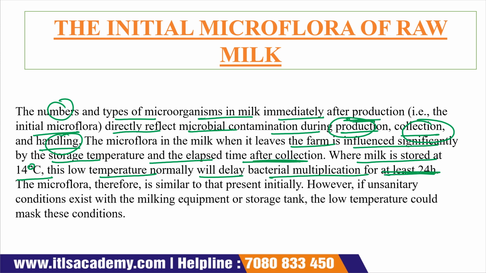The microflora therefore is similar to that present initially. However, if unsanitary conditions exist with the milking equipment or a storage tank, then the low temperature could make these conditions worse. Suppose we maintain the low temperature but unsanitary conditions are also present, then at that time the milk will also be spoiled.